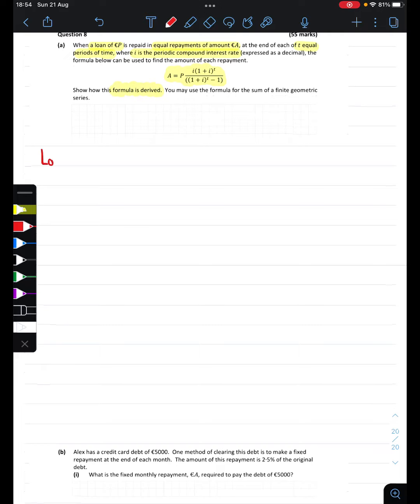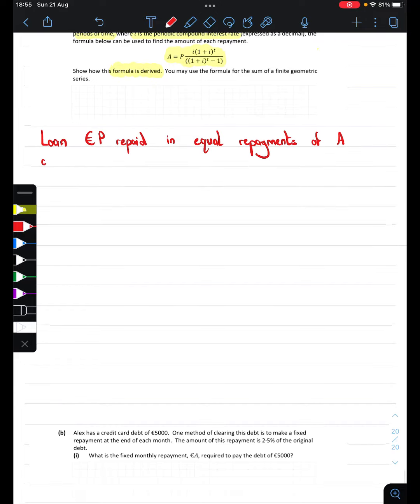Okay, so a loan P repaid in equal repayments of A at the end of each time period.